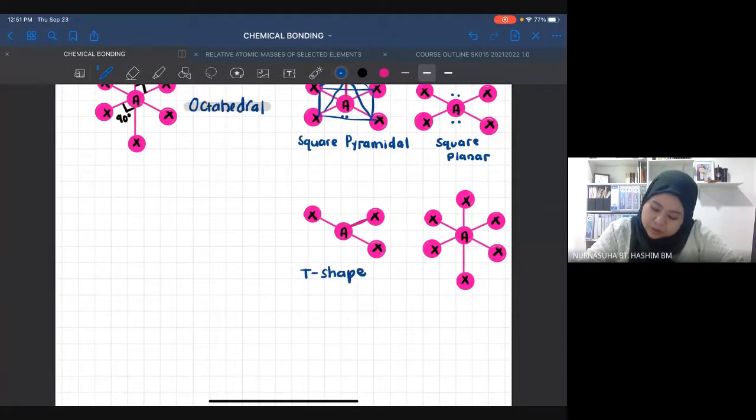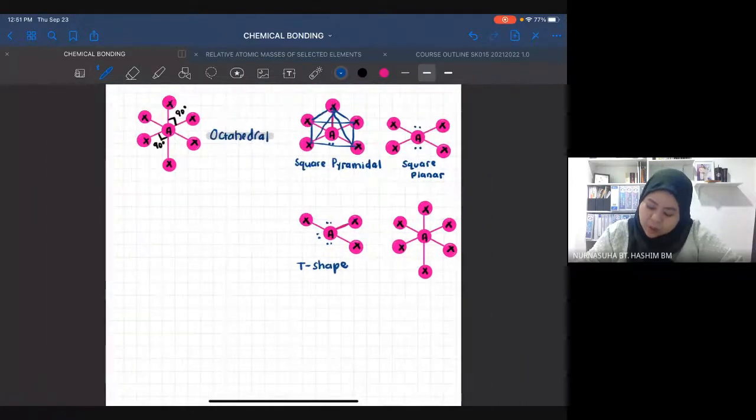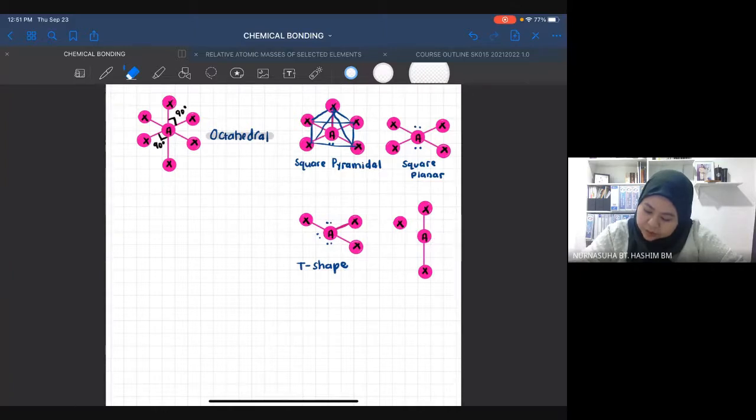Bentuk T. Okay, last one. If I have 4 lone pair. So 1, 2, 3, 4.